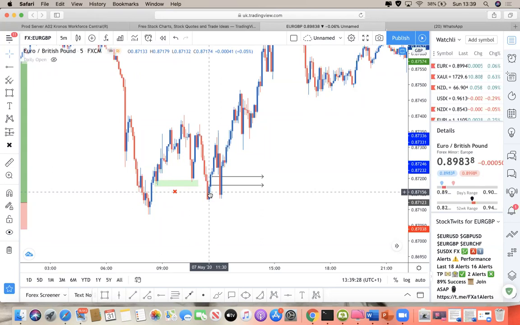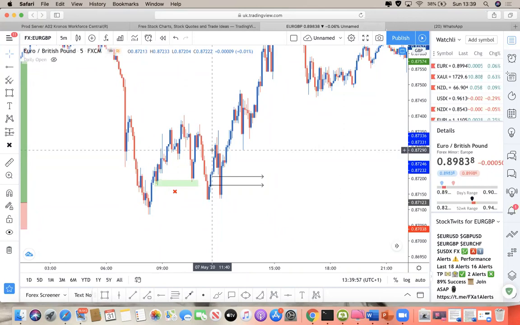Has your institutional candlestick taken away liquidity? Number 2. Did we have an imbalance created away from the institutional candlestick? Number 3. Are we coming back into the imbalance? Number 4.